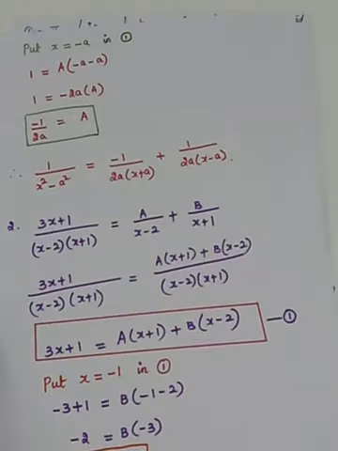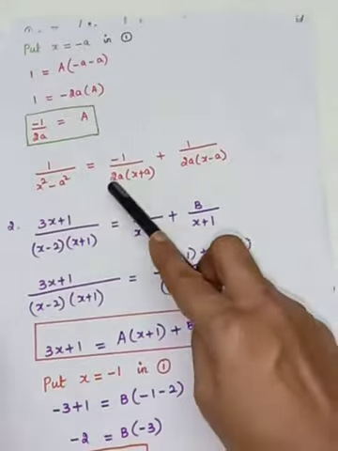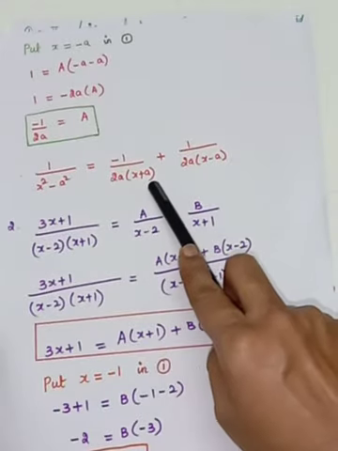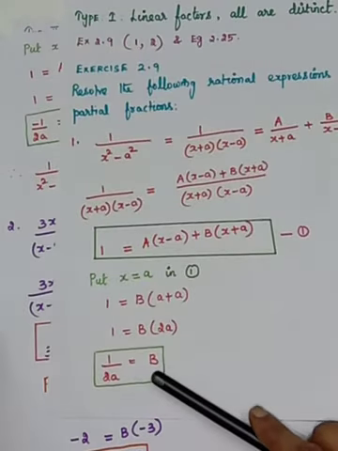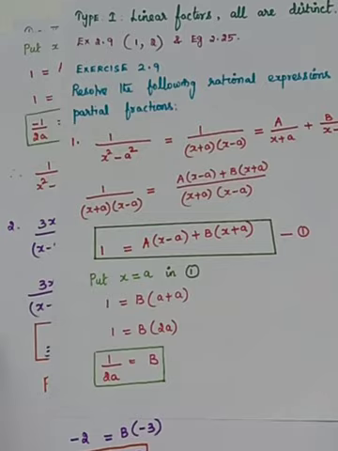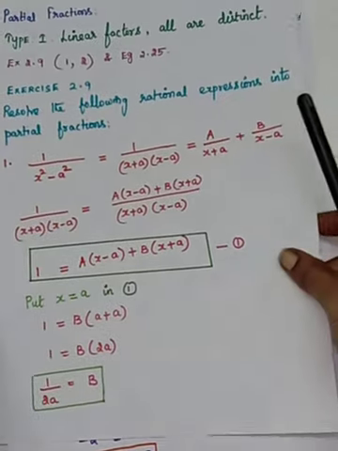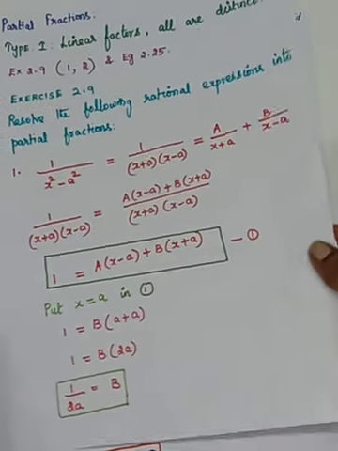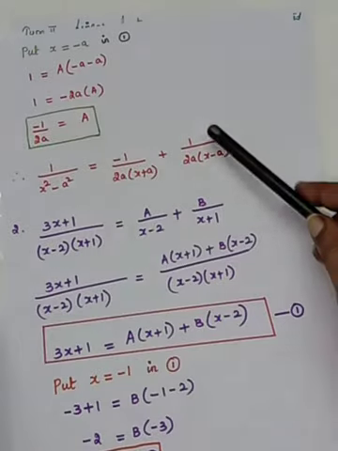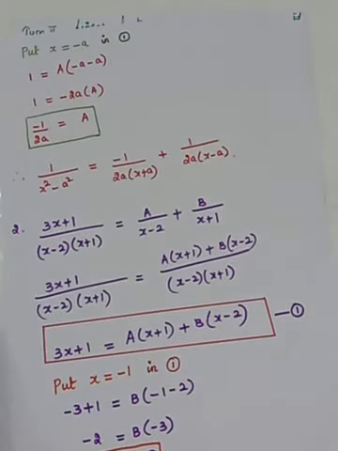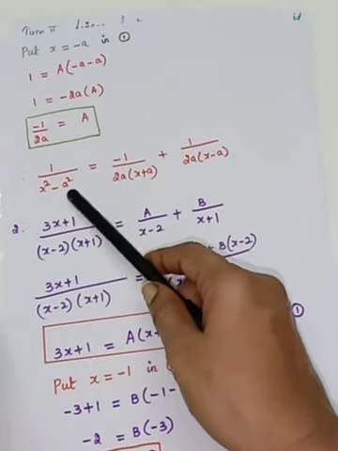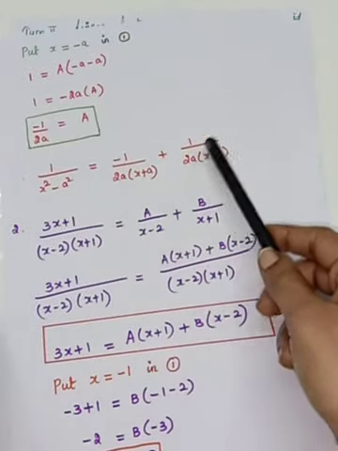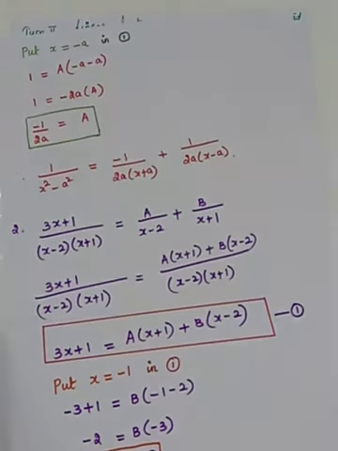So the answer is minus 1 by 2a into x plus a. Plus b. What is your b? We found b as 1 by 2a. When you substitute here, 1 by 2a divided by x minus a, so 1 by 2a into x minus a. So the rational expression can be resolved into partial fractions.